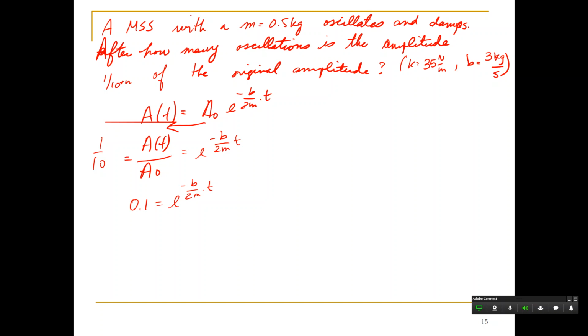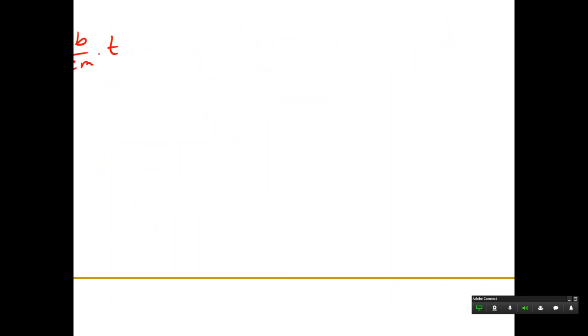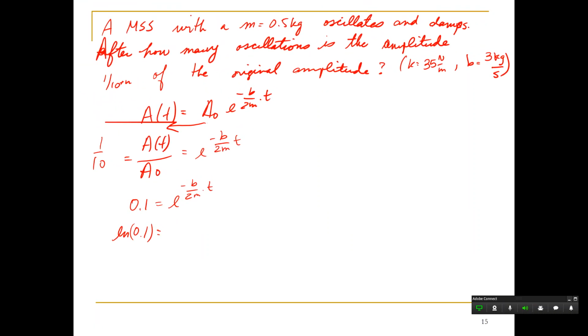So we just have to solve for t now because we have b and we have m. How do we solve for t? What's the next step algebraically? Yeah, you have to take the natural log of both sides. So ln of 0.1, and the ln of e to the power of anything is that anything.